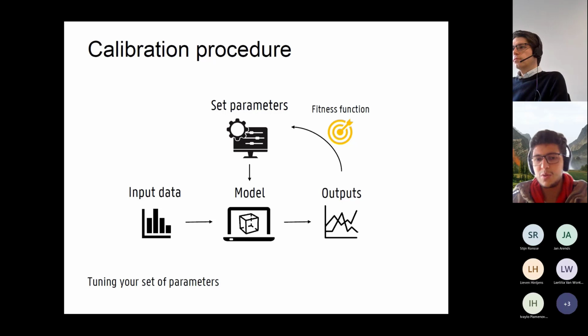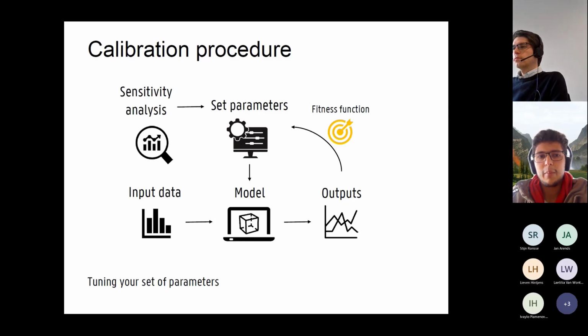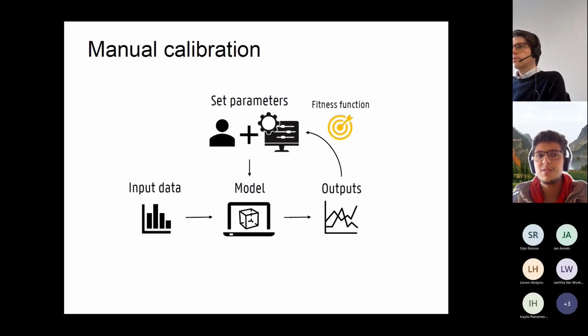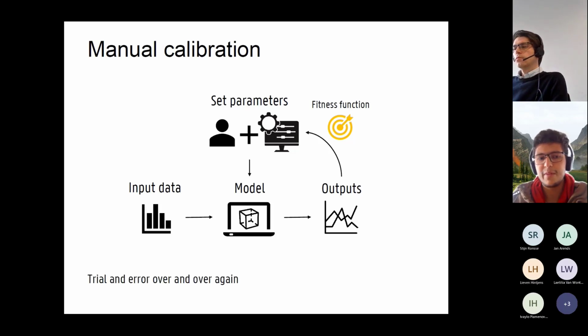Or you can also use a sensitivity analysis to decide which parameters are more relevant for you. But even so, this process is still an issue, and you probably will struggle a lot with it. As I said, you can start with a manual calibration, turning your parameters yourself. That is a trial and error process that will probably take a lot of effort and time, and probably will not always lead you to the best parameters.